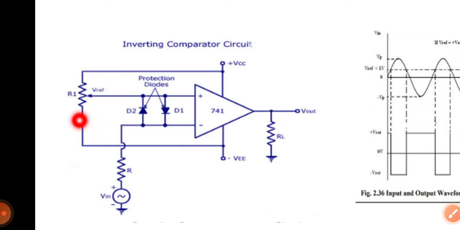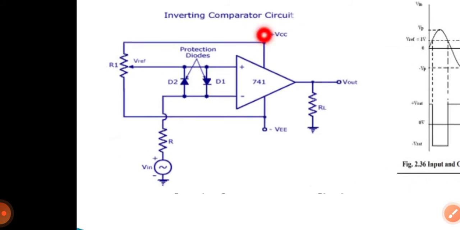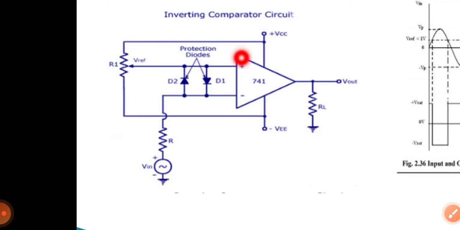Here to here it is a negative V reference, and here to here, moving towards plus VCC, it is a positive V reference. Just think like that. Right?